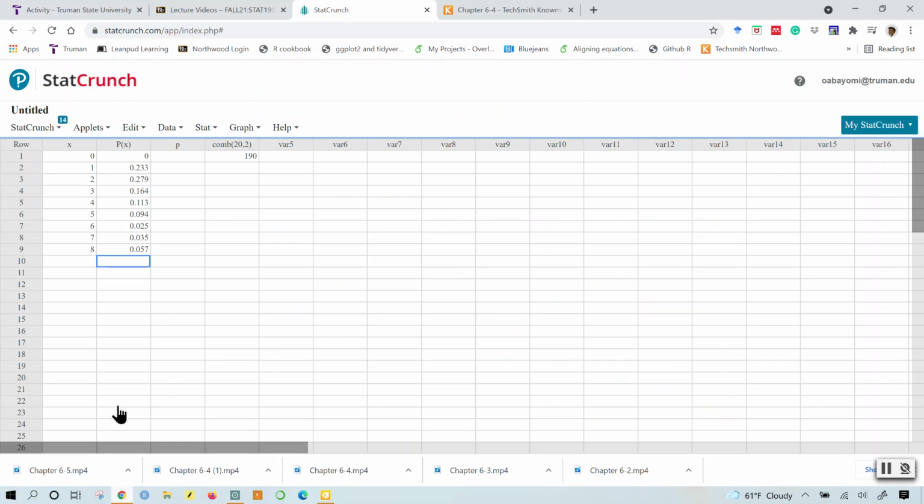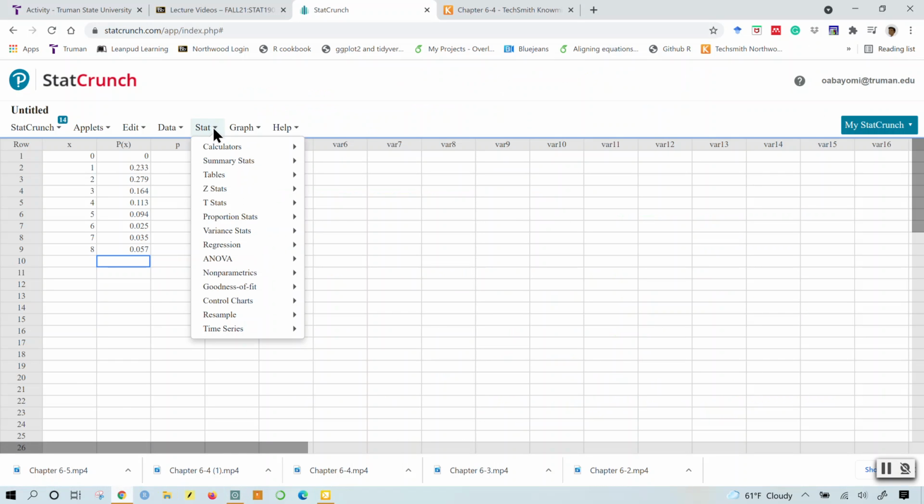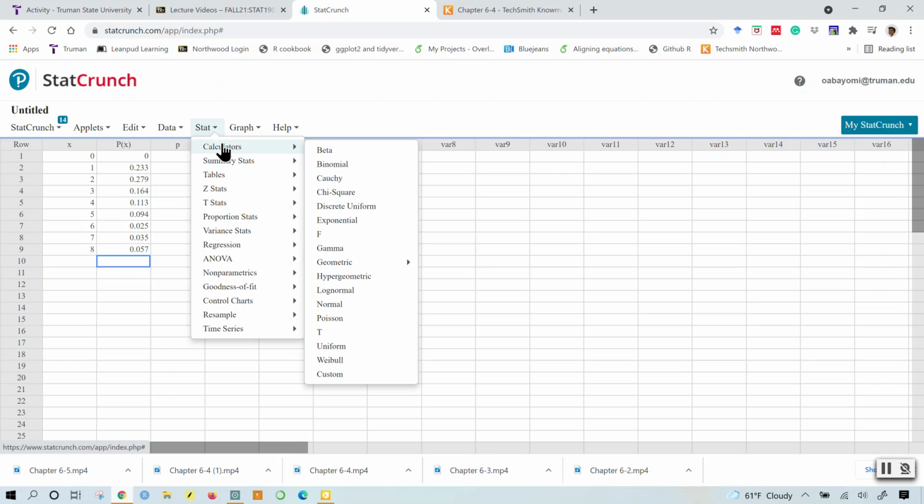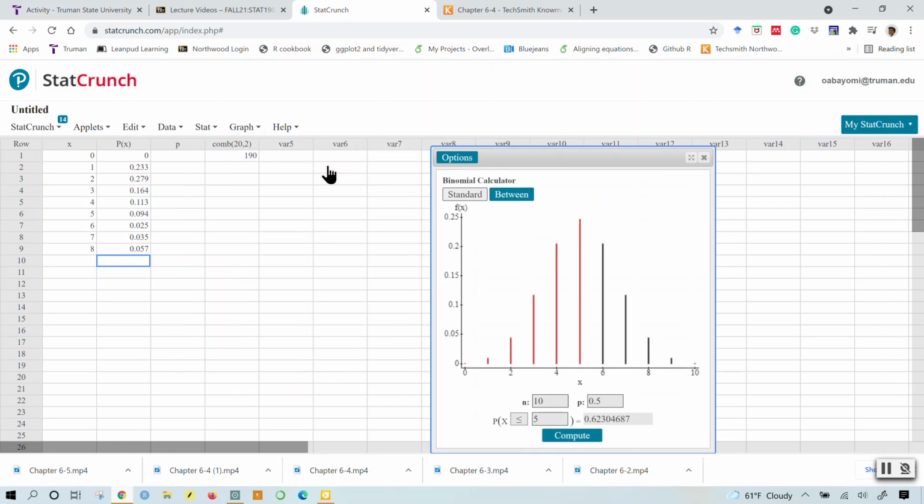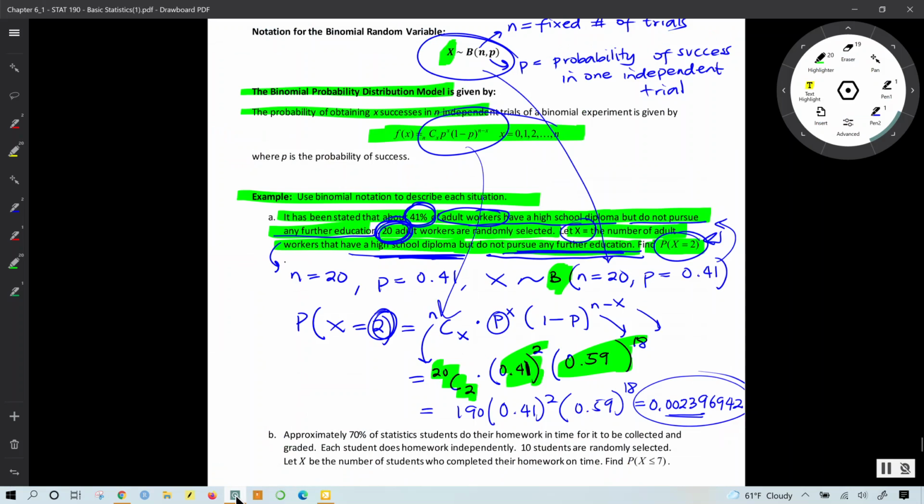So I'm going to go into StatCrunch, go to Statistics, Calculators, and in the sub-menu, go to Binomial. Click on Binomial, and you would like to set the parameters here. Let's go back to the question. Our n is equal to 20, and our p is equal to 0.41.